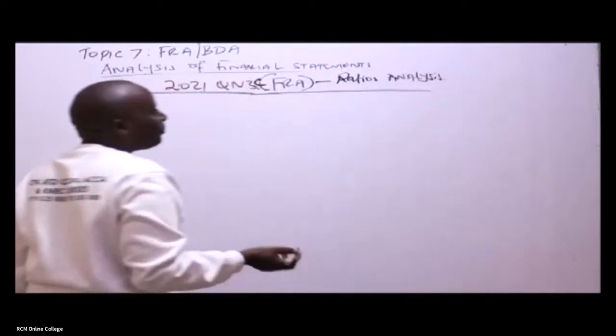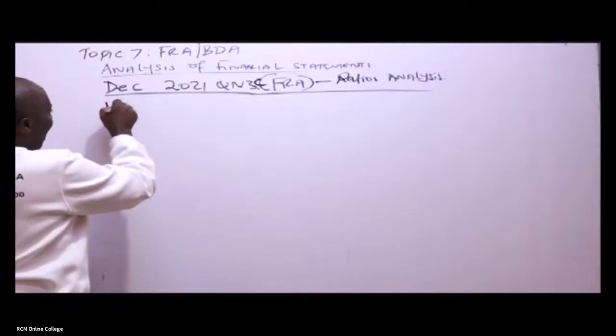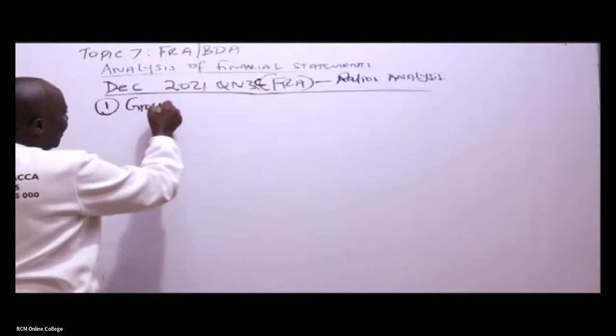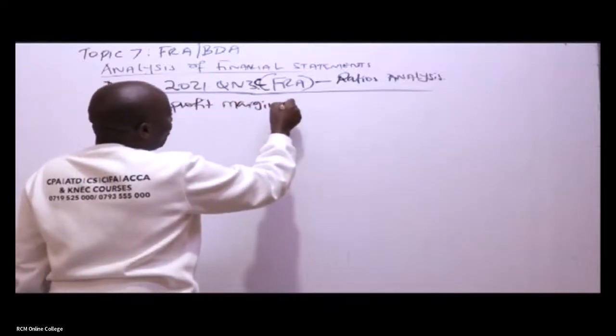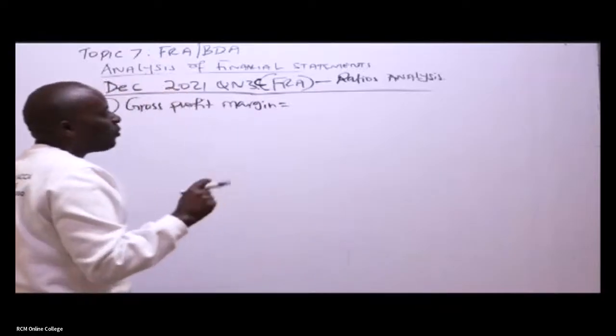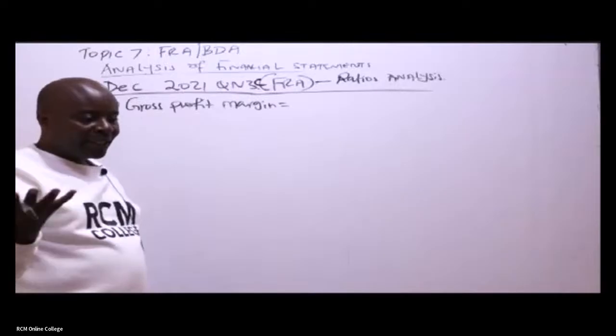We start with the first one, which is the GPM, gross profit margin. How do we get gross profit margin? Anytime we see the word margin, there must be sales at the denominator.